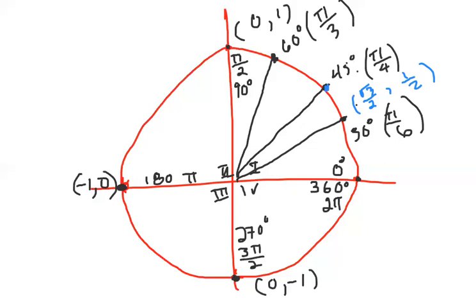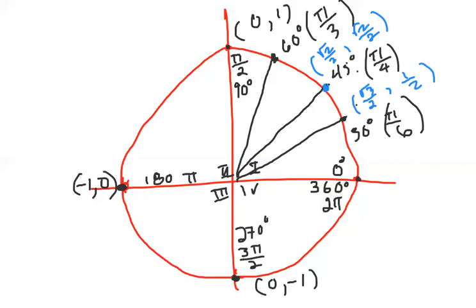Okay, so anyways, guys, for the 45-degree angle, the coordinate point on the circle is going to be radical 2 over 2, comma, radical 2 over 2. As in, if you're asked to find the cosine of 45 degrees or cosine of pi over 4, it's going to be radical 2 over 2. And if you're asked to find the sine, it's going to be radical 2 over 2 as well.